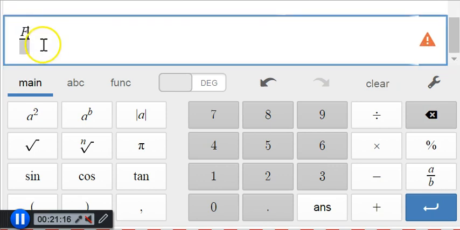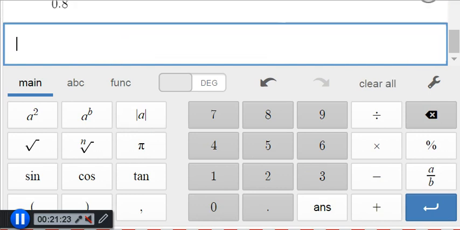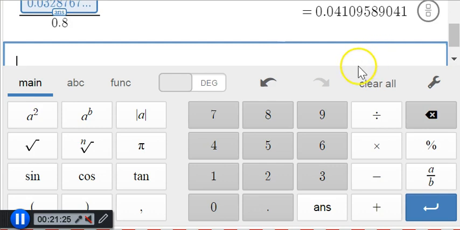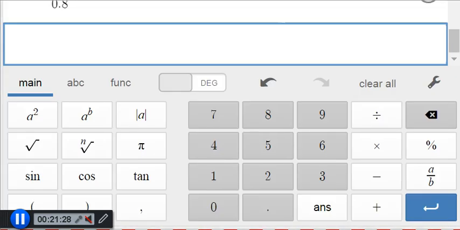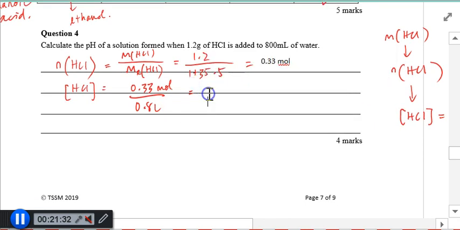Answer divided by 0.8. That will give us our concentration, 0.041 molar. Sorry that the formatting on screen is not awesome. That's going to be the concentration of hydronium ions because it's a strong acid, so the equivalent of the strong acid with hydronium ions is the same.